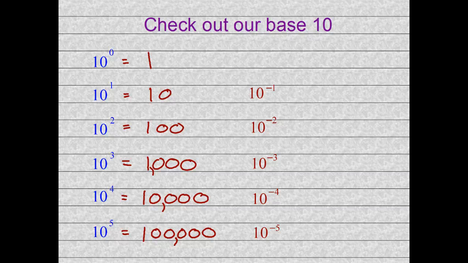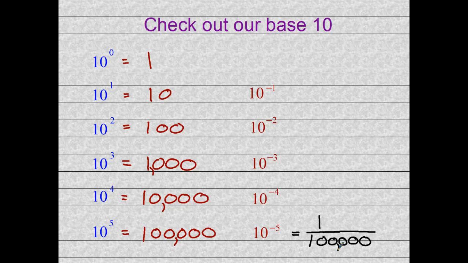Over here on the right, I know we've talked about negative exponents in the base 10, so it's just going to be the fraction form of those. We don't want to have any negative exponents, so we put it into fraction form. So this is not going to be 1 with 5 zeros, it will be 1 over 1 with 5 zeros. So that is 1/100,000th.